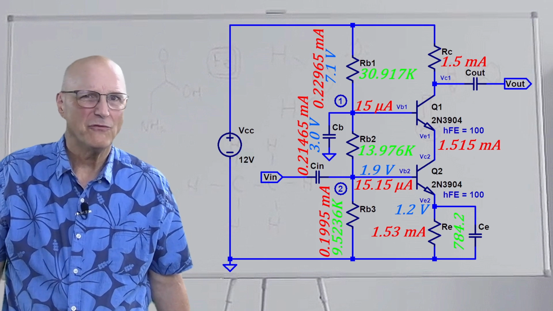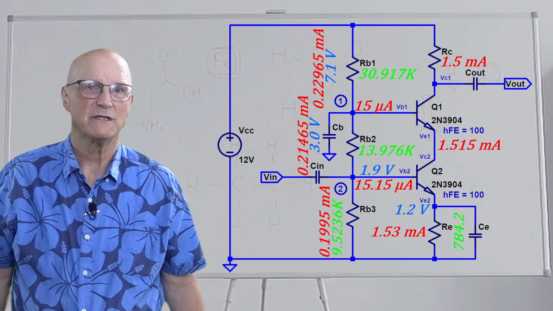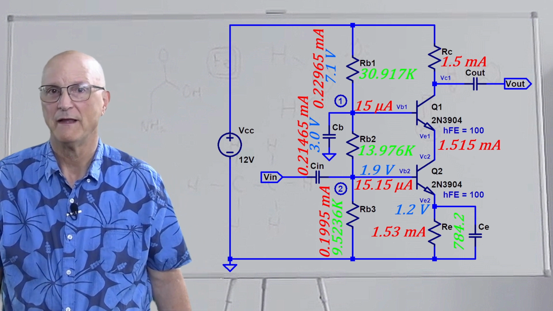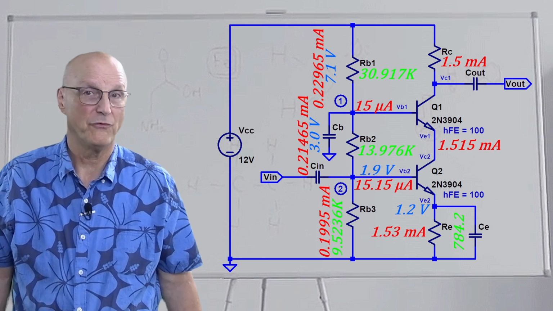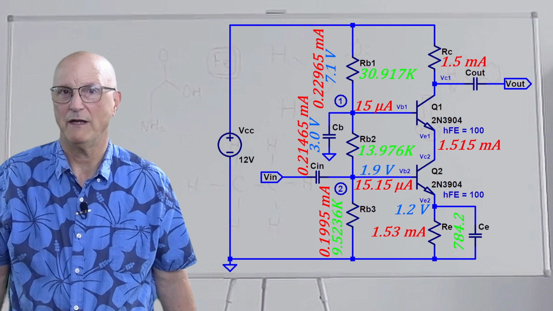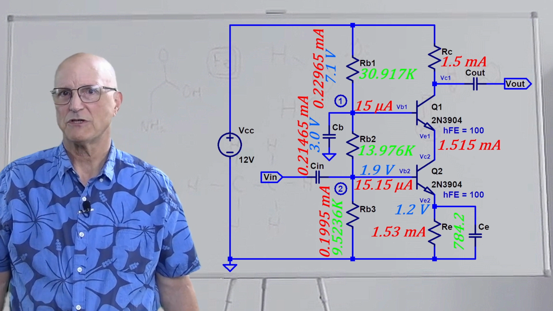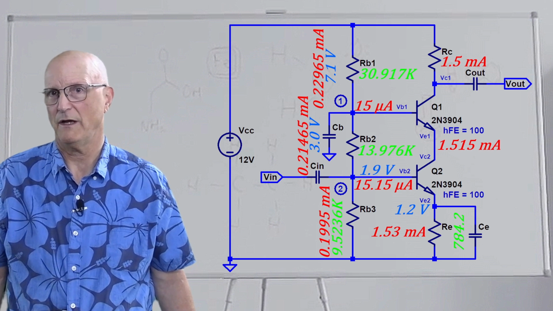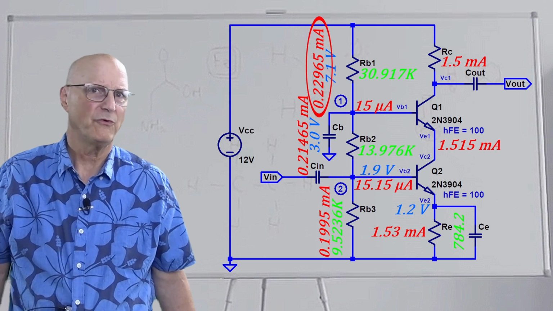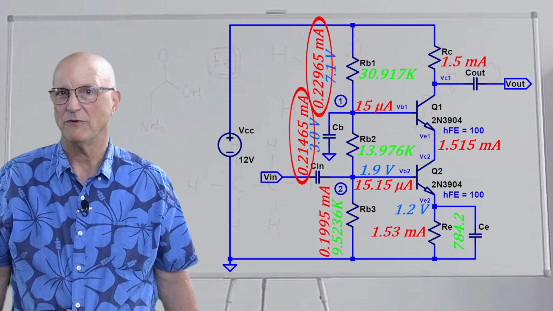Well, the value of R1 was determined assuming that this was a single resistor between VCC and the base of Q2. This means that the current through R1 was assumed to be equal to Irb2. Notice, however, that we have a disturbance in the midst of R1, the base current of Q1. So the current through Rb1 is greater than that of Rb2.